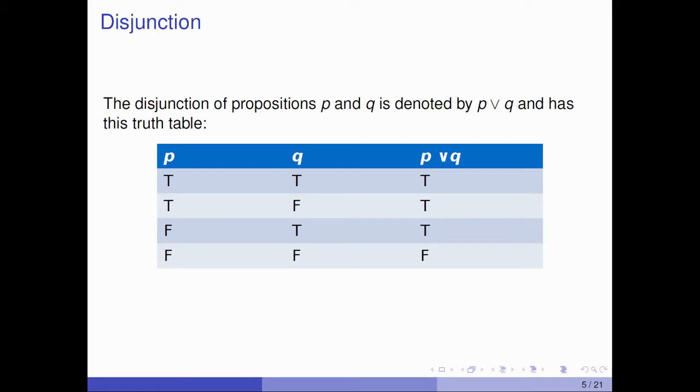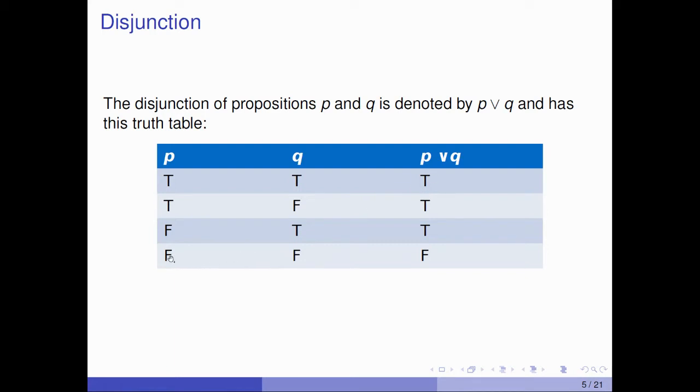I hope you have noticed by now that the disjunction is true whenever one of P or Q is true. So if you have a true P or a true Q, just one of them, it makes the disjunction true. Of course, if both are true, we only need one, so it is true here.